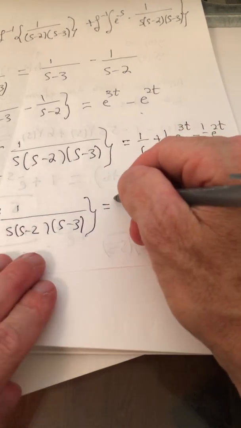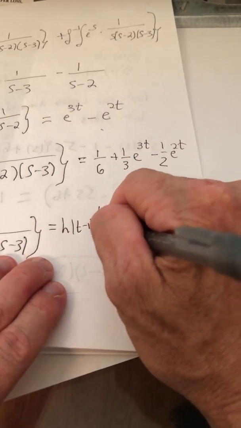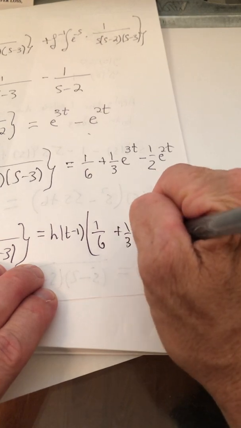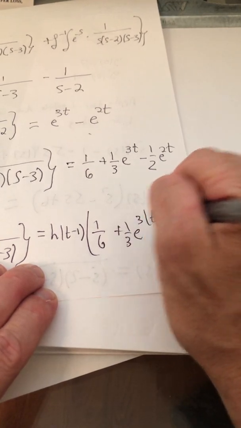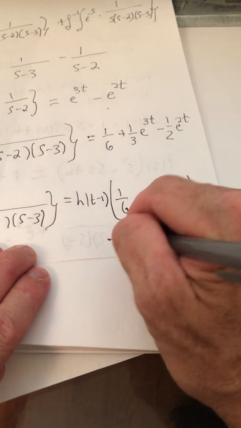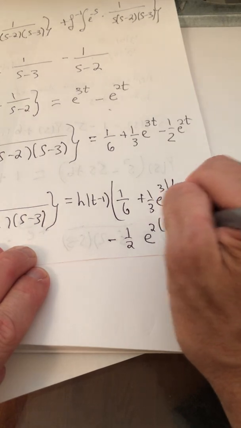So we get h of t minus 1 times 1/6 plus 1/3 e to the 3 times t minus 1 minus 1/2 e to the 2 times t minus 1.